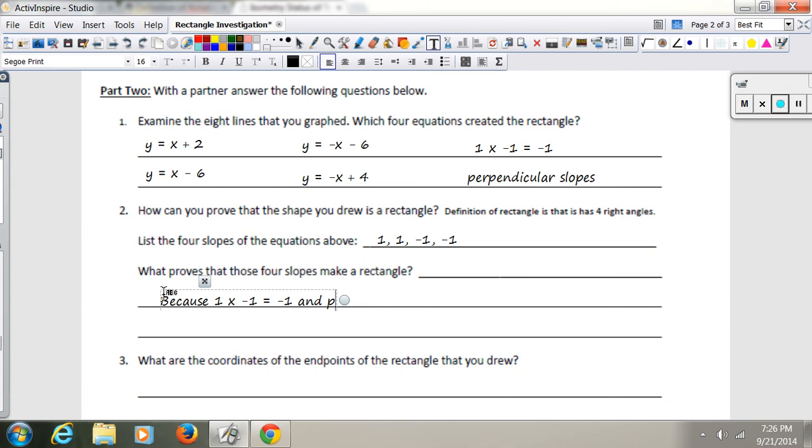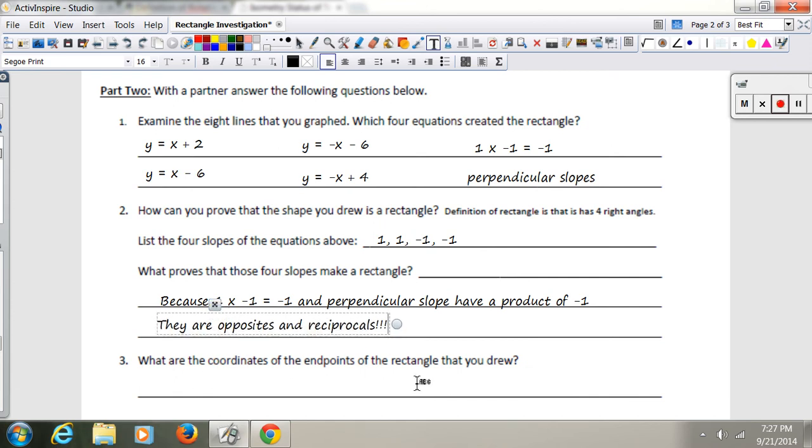Perpendicular slopes have a product of -1. Product means the answer to a multiplication problem. And so we can put that they are opposites and reciprocals. That's what makes them perpendicular.